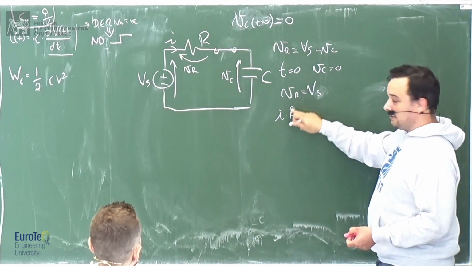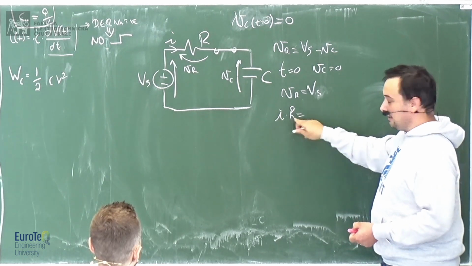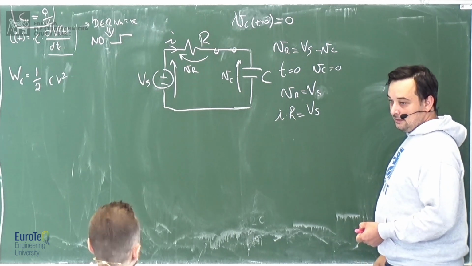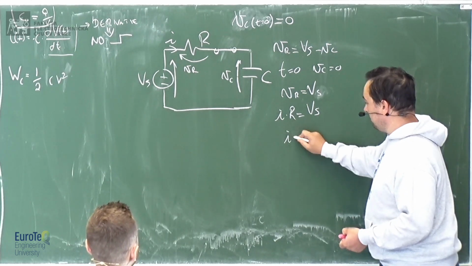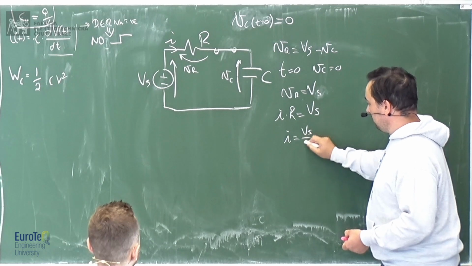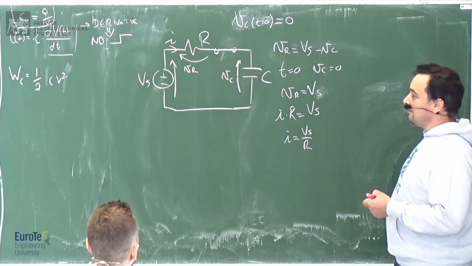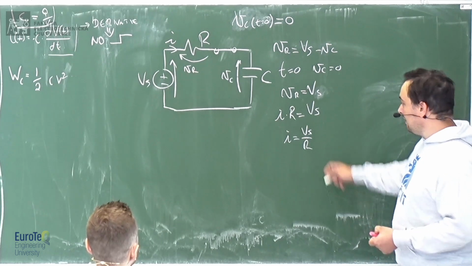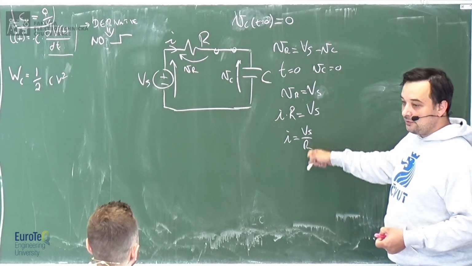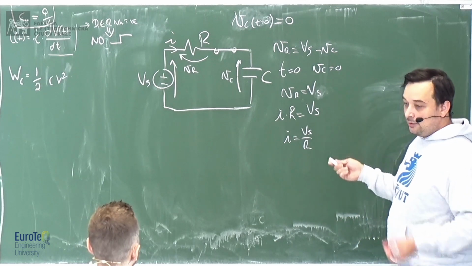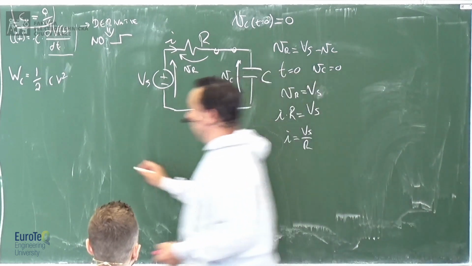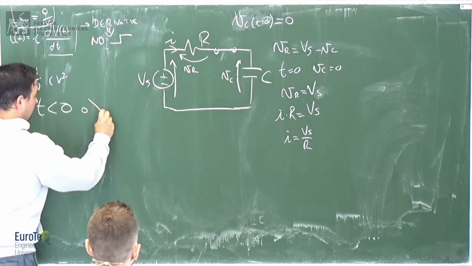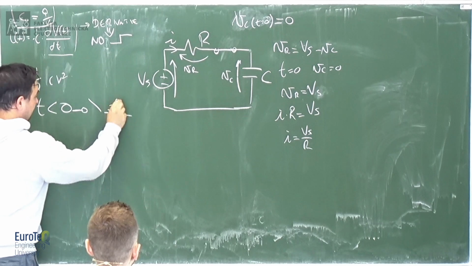The voltage on the resistor is the current times the resistor, VS. So the current will be VS over R. So this means that when we start our transient, the current instantaneously moves from 0, because for time lower than 0, the switch was open, so the current was 0.